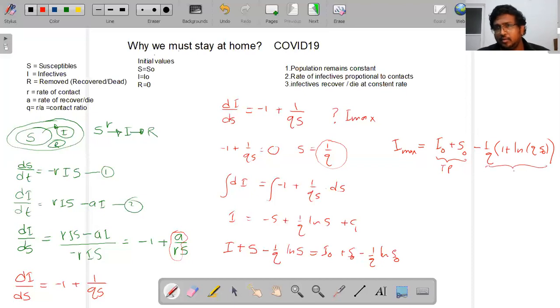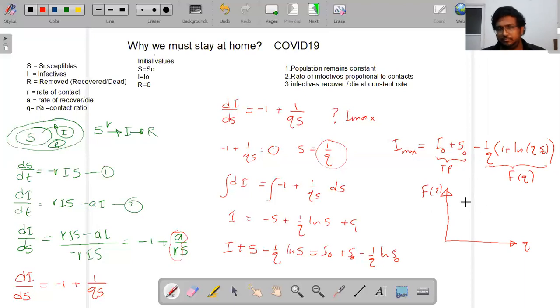This part I can denote as a function, say f of q. This is another function, f of q. Now to understand this function, I want to plot it. This is q and this is f of q.